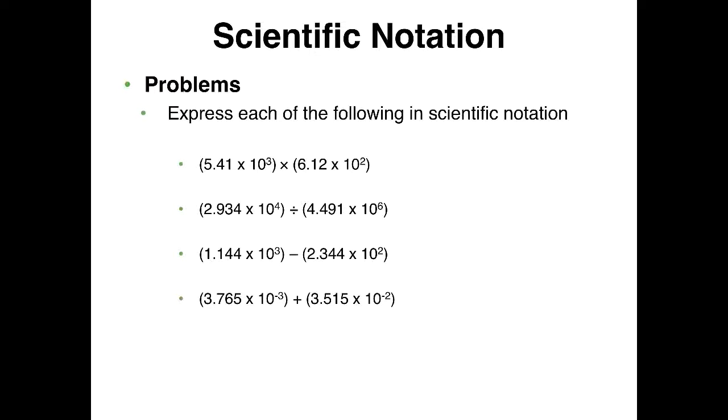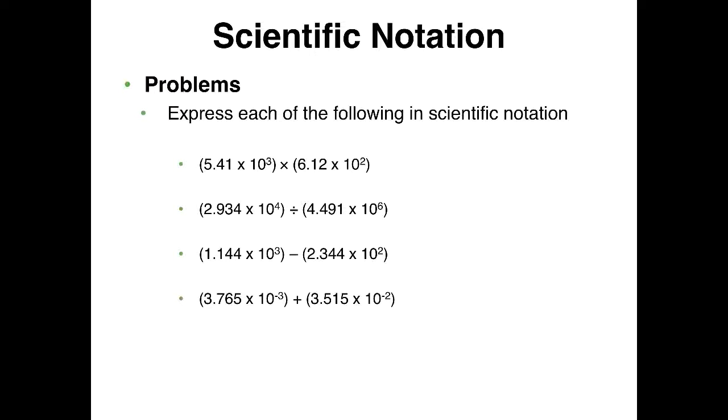And then the last one here is an add. You do the same thing. You have to change one so that they're common. And again, I'm going to change this first one from 3.765 times 10 to the minus 3. I'm going to change that to 0.3765 times 10 to the minus 2.